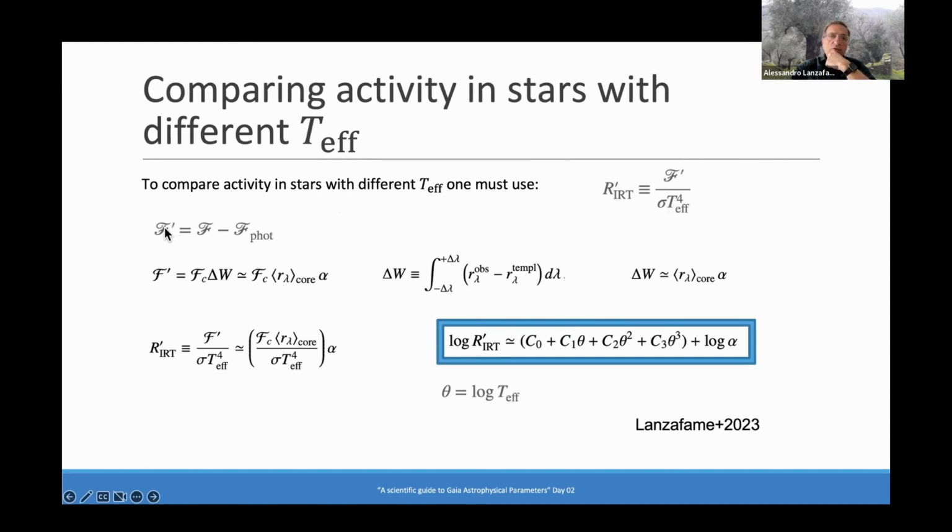The chromospheric flux is the difference between the total flux you receive in the line minus the photospheric contribution.